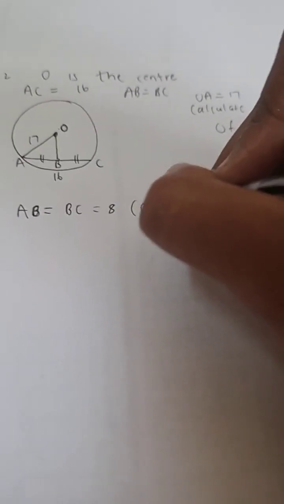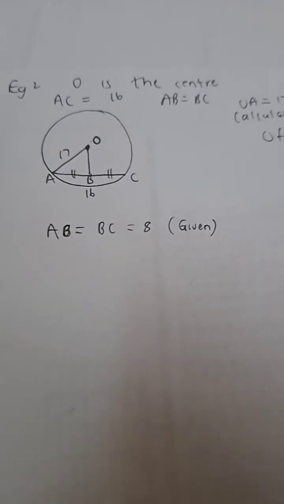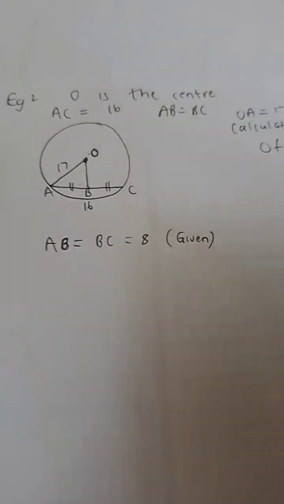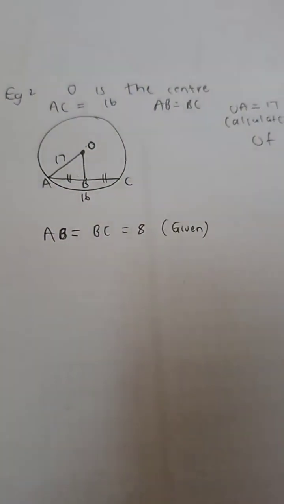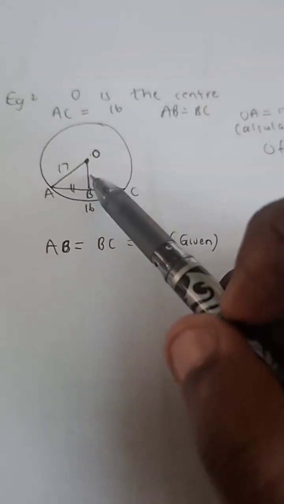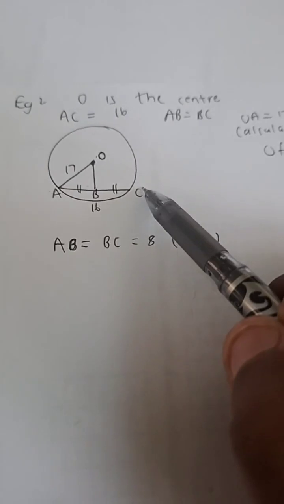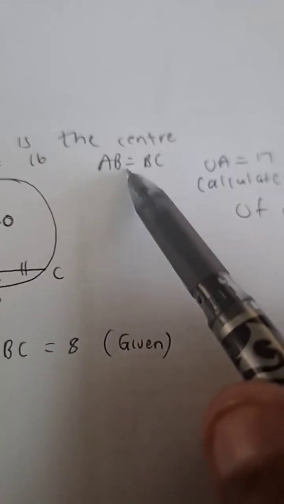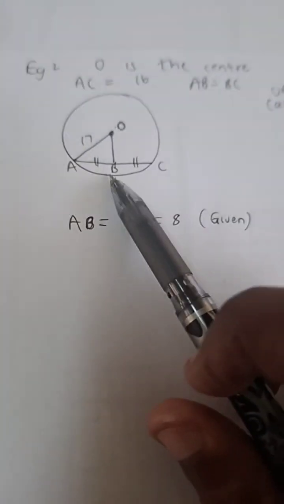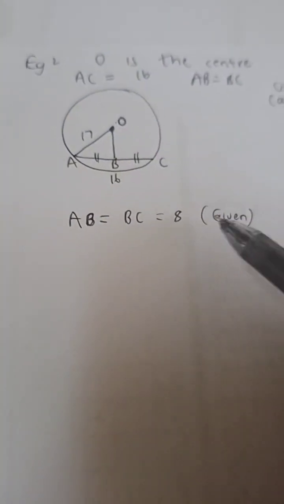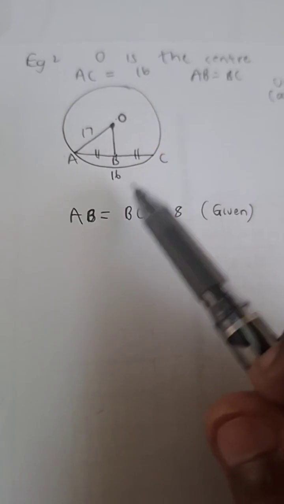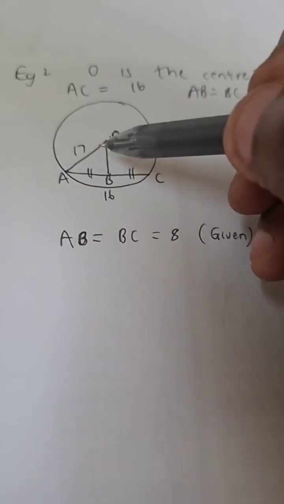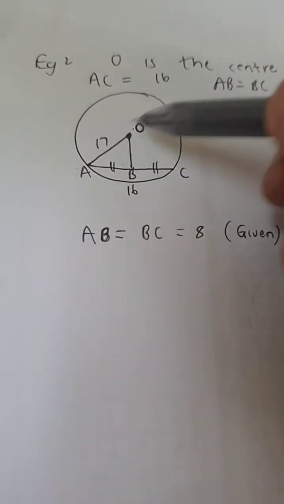And the reason for that is that it's given. I am given that, guys. It's information that has been given to me very freely. Because if AC is 16 in its entirety, and I am already told AB is equal to BC, I'm simply using what I've been given to find the length of AB. Why am I interested in the length of AB specifically? It's because this triangle, I want to eventually use it.